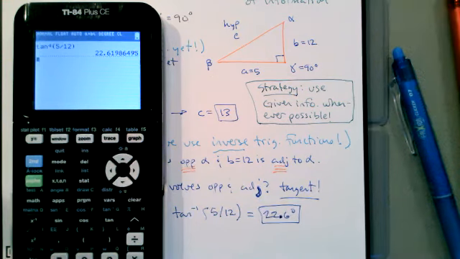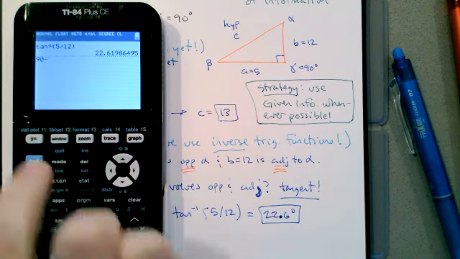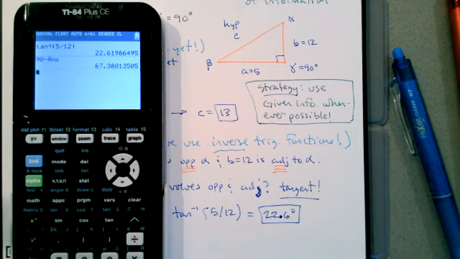At this point, as soon as we have two angles, we should subtract to find the third. So as soon as I know that this 22.6 is another angle, I'll subtract to find the third. And then the third angle is going to be 67.4.